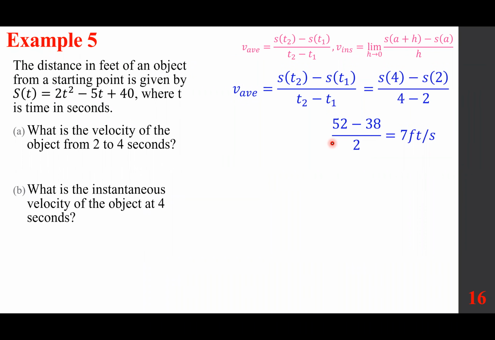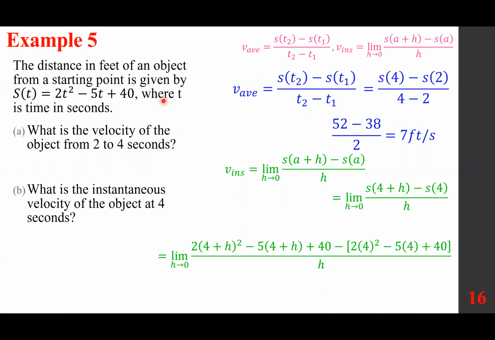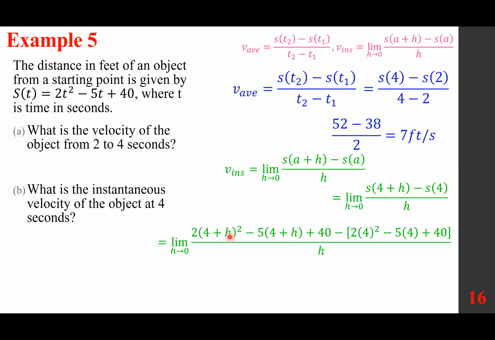But for the second part, notice it's at 1 point. Now that means instantaneous velocity, everybody. Instantaneous velocity requires the limit. And again, it becomes easier later on in other sections. We look at methodology that is easier. But anyways, for now, we use the definition of differentiation, where a is 4 here. So let's put it into this. 2 times 4 plus h squared minus 5 times 4 plus h plus 4.